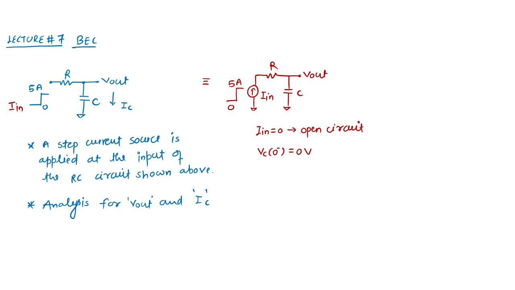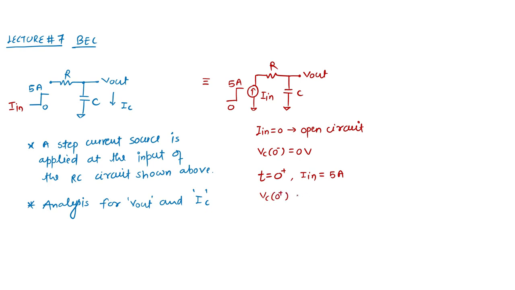We will consider all these circuit combinations with initial conditions as well, but as of now I'm not considering any initial condition, and we have taken the current as the input. So VC(0-) is 0, and when we apply a current suddenly at t equal to 0, what is IN at t equal to 0 positive? IN is the 5 ampere current.